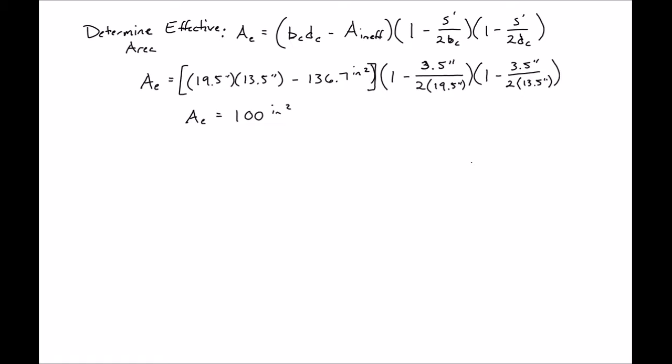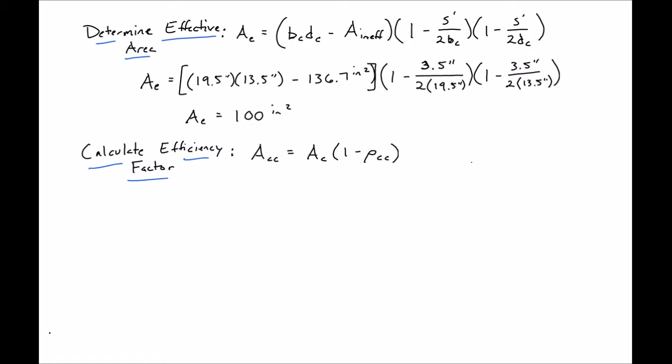We next need to calculate our efficiency factor. In order to do that, we need to find our A_cc. We'll find that our area of our confined core is going to be our b_c times d_c, so 13.5 times 19.5, minus our total area of our steel.